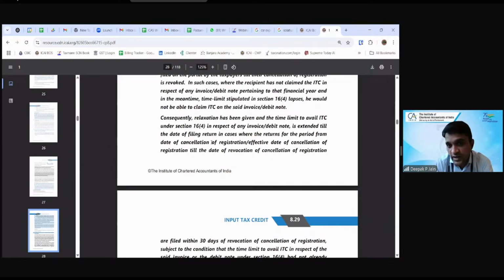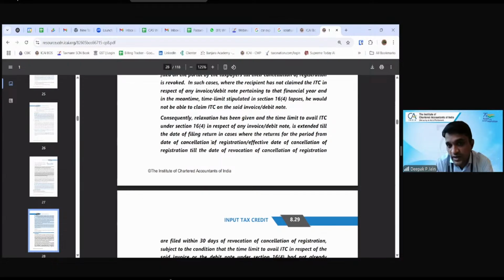You had your registration cancelled, now you have applied for revocation. It is taking time. Between the time of cancellation and revocation, whatever invoices are there, earlier you could not have claimed the credit. Now with this section 16(6), you can claim the credit. That is what this provision is saying.